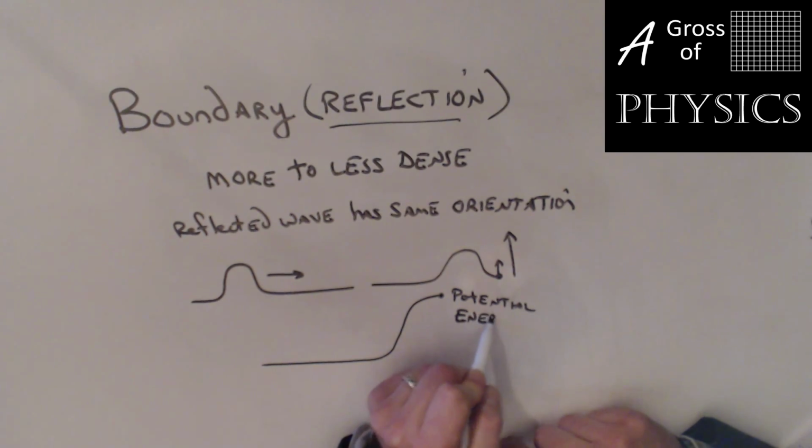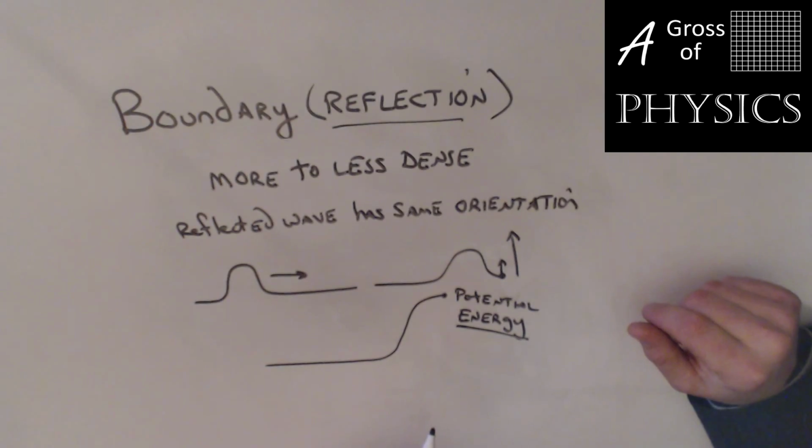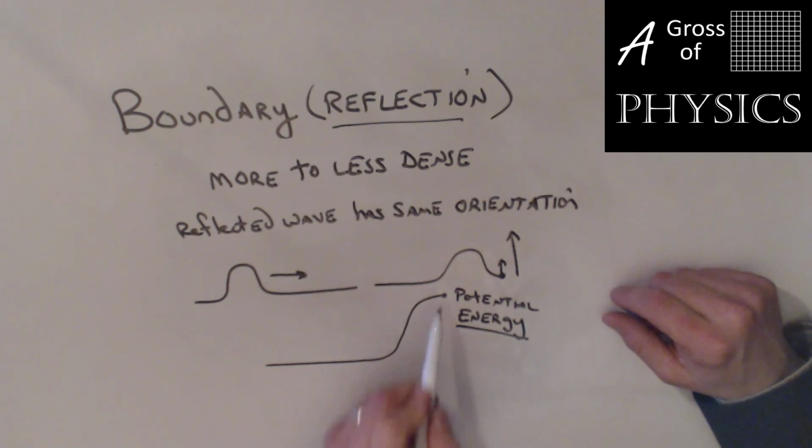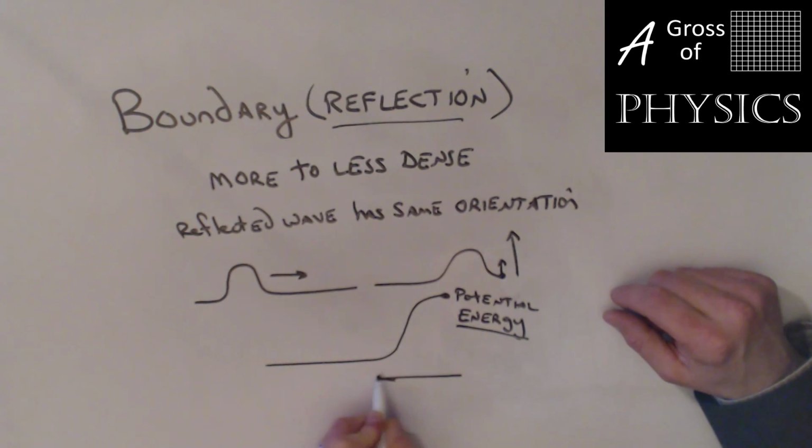And that energy is going to be released. It's almost like an electron in a higher energy level. It's not stable. So that point right here is going to release that energy. As it releases the energy, it's going to pull down and send a pulse back in the other direction that has the same orientation. So as that drops, you'll end up with a crest that'll send back.